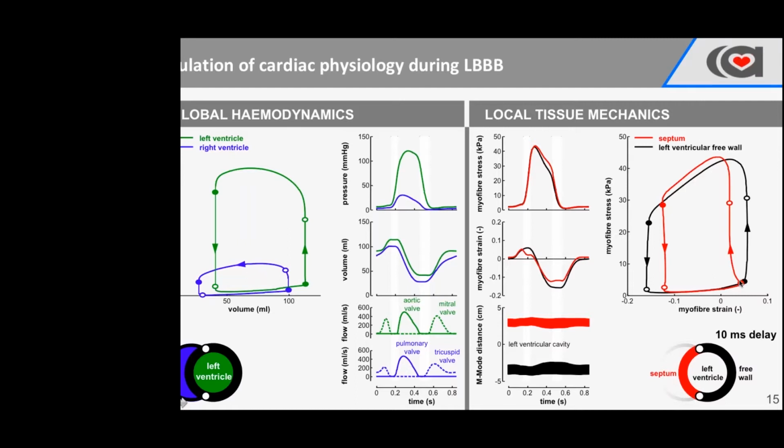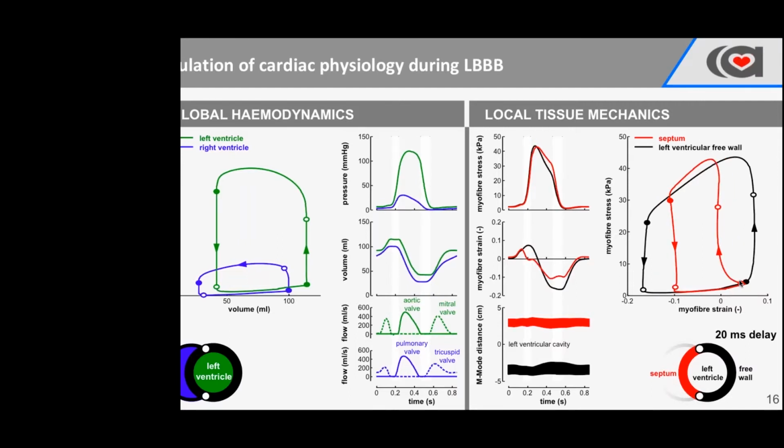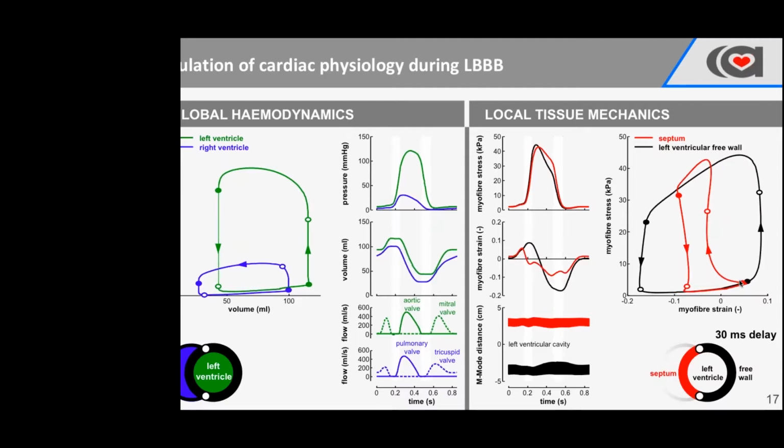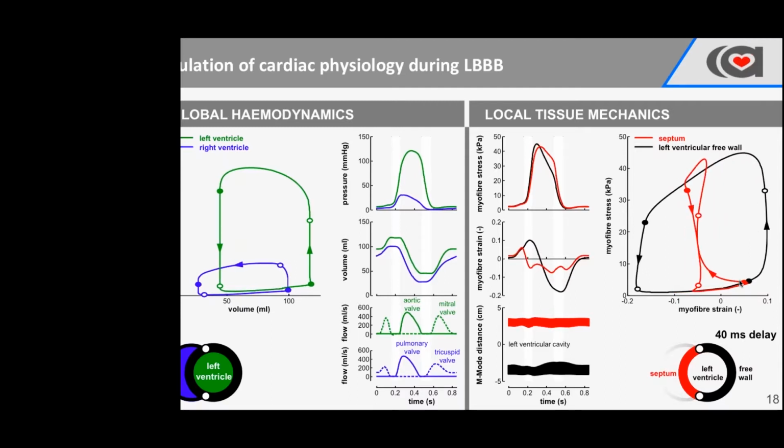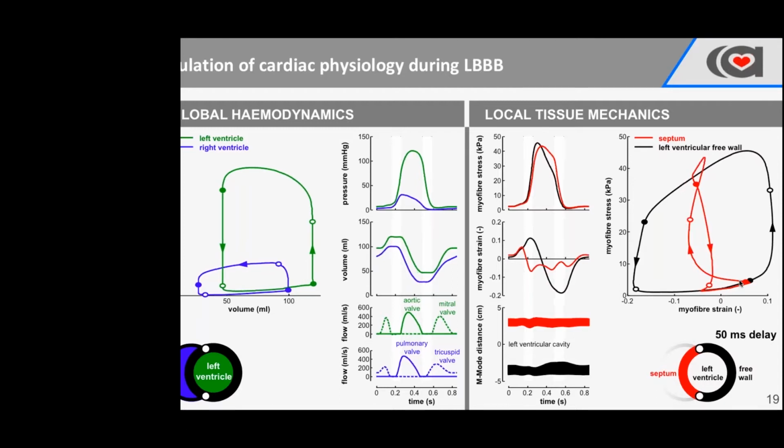So the septal myofiber strain stress loop is squeezed, whereas the free wall is a little bit blown up. And this effect becomes even stronger with more delay, 20 milliseconds delay, or 30 milliseconds delay, 40 milliseconds delay. And then you can even have a figure of 8 loop in which there is negative work. That means that there is work performed on the free wall.